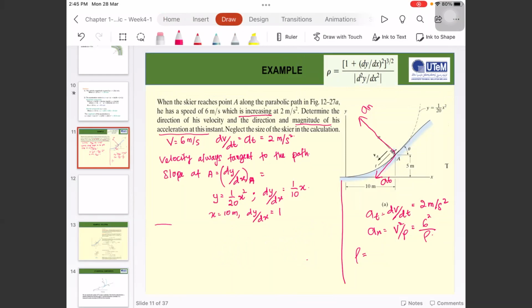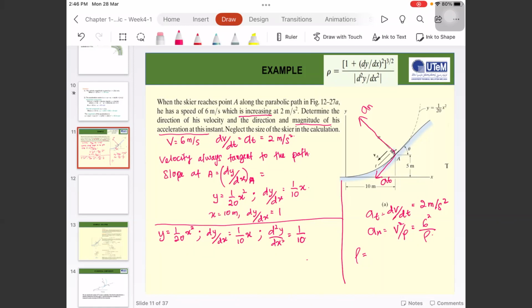So kita tahu y is equals to 1 over 20 x squared, dy over dx is equals to 1 over 10 x, d squared y over dx squared is equals to 1 over 10.